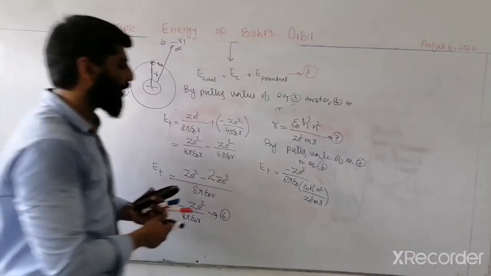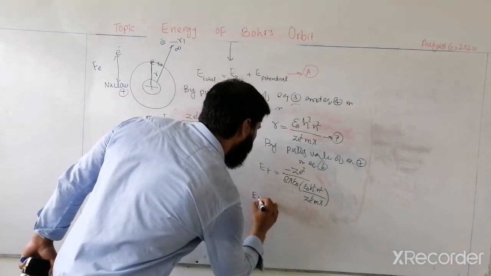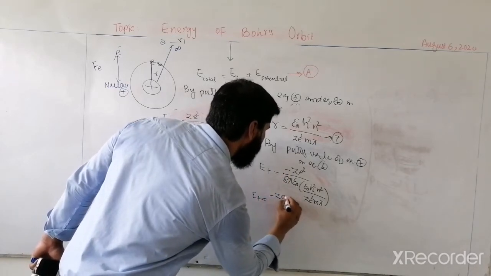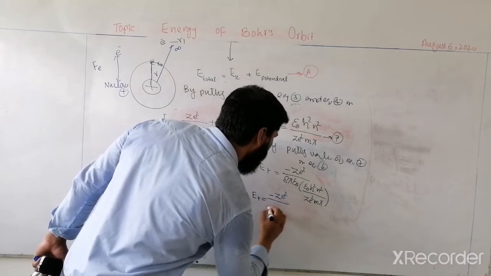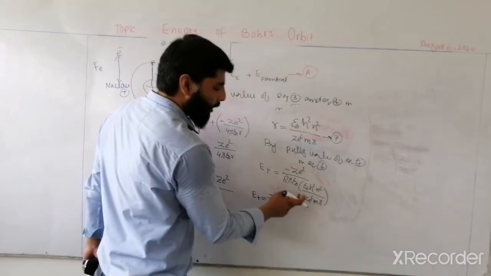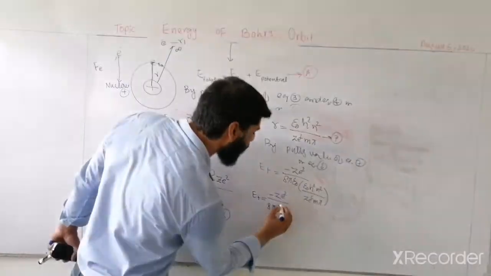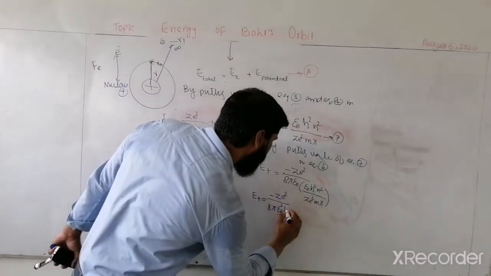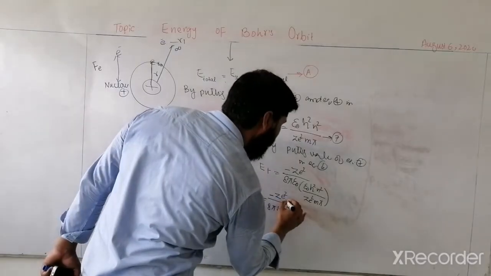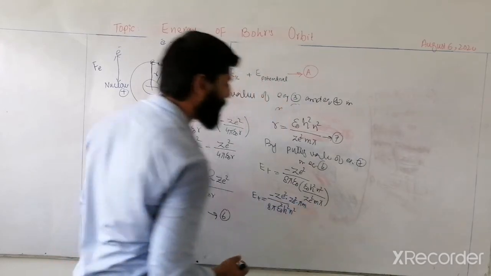On further simplification, ET is equal to minus Z E square divided by 8 pi epsilon naught, and this factor will be shifted to the numerator, so we get epsilon naught h square n square over Z E square pi m.